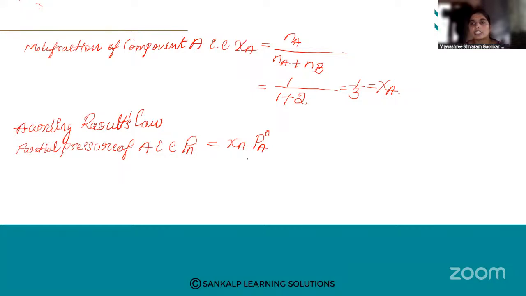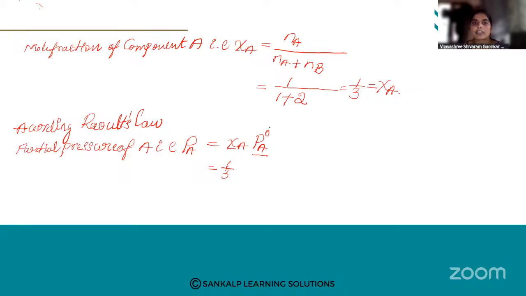Vapor pressure in its pure form. Correct. We already calculated XA. We already know P naught A. Just substitute it. How much it is? XA is 1 by 3, right? 1 by 3 means, let us keep it in this form only. Let's not convert it into decimal form.